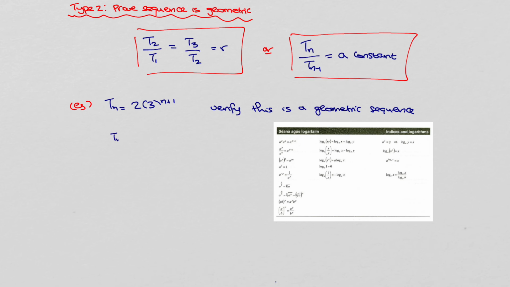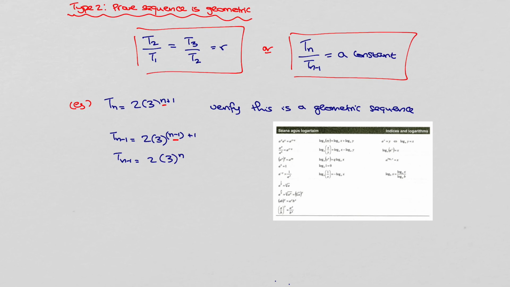So to get t of n minus 1, wherever there is an n, I'm going to replace that with n minus 1. So this n is now n minus 1. So therefore that gives me 2 times 3 to the power of n minus 1 plus 1, which is just n.